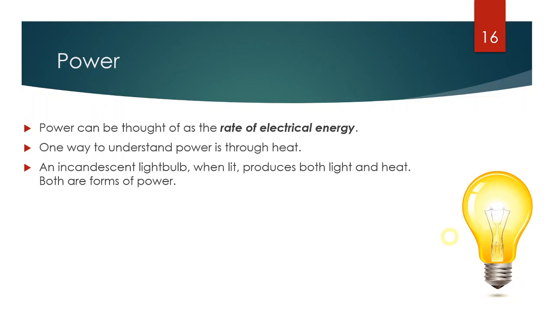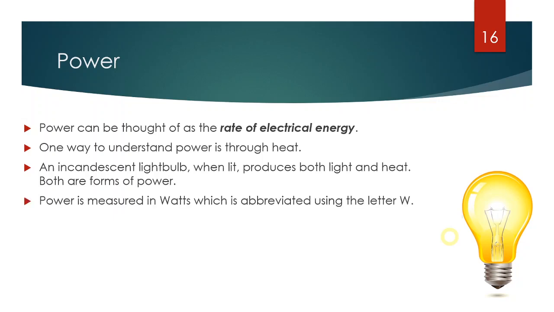That's why we replaced it with compact fluorescent and now LED bulbs, because they produce light without producing much heat. The old incandescent light bulb produced light and a lot of heat. In fact, you would burn your hand if you touched the light bulb. Now, if you touch an LED light bulb, it's so cool that it doesn't actually hurt.